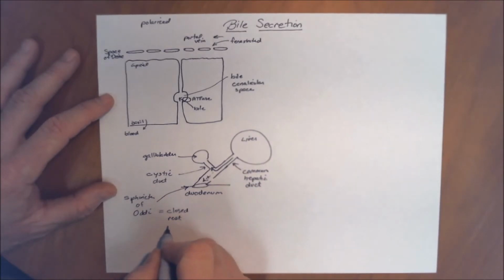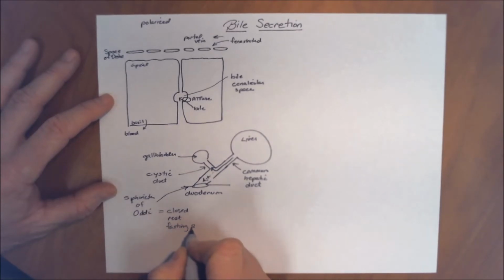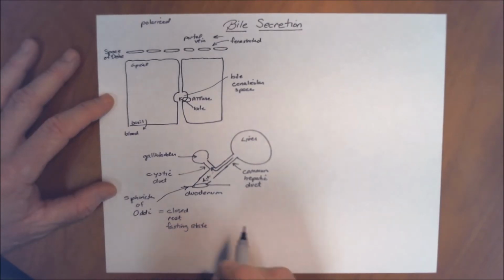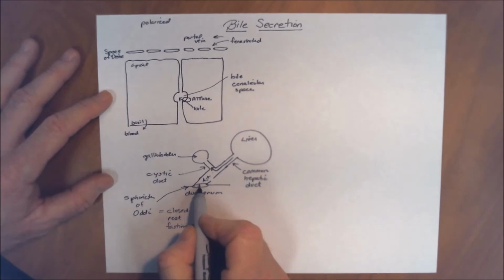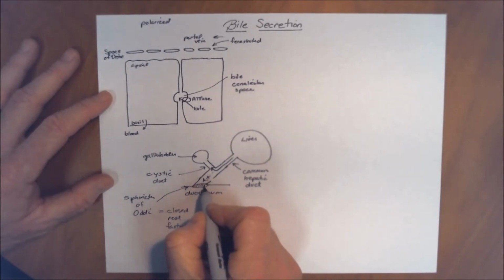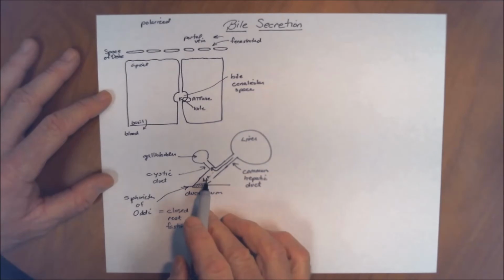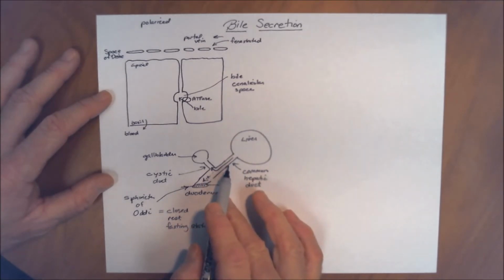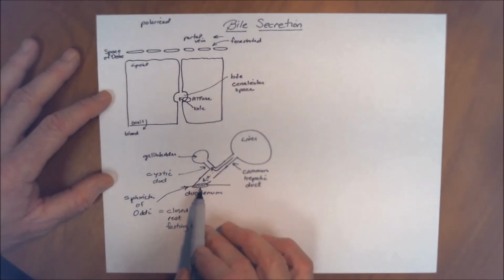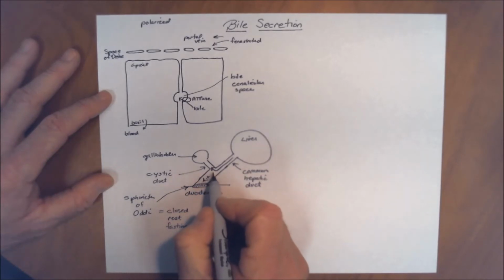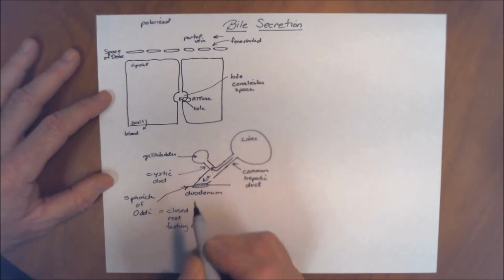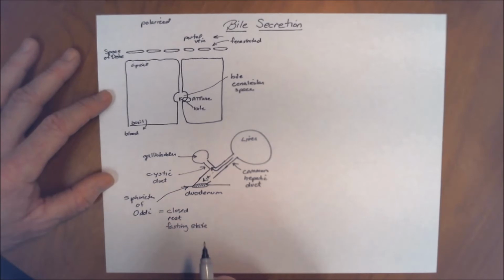At rest, which also means in the fasting state. So in between meals, the sphincter of Oddi will be closed, preventing any of the bile secretions coming out of the hepatic duct from exiting into the duodenum. Therefore, it only has one place to go, and it can move up the cystic duct and be stored in the gallbladder.